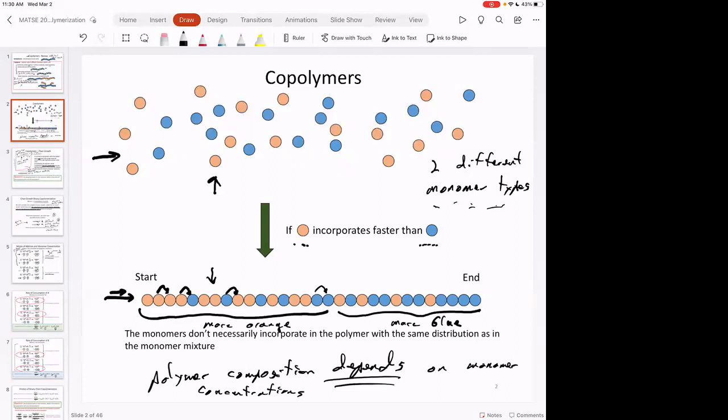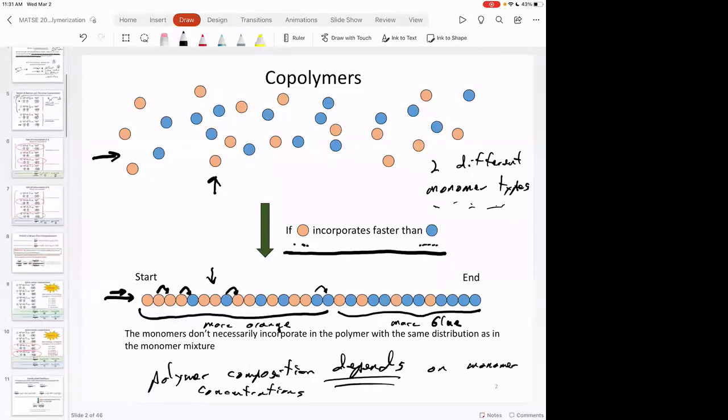But it's these rate constants, if orange incorporates faster than blue, it means that whatever's happening with the orange monomer, it's reacting into the chain first. And that's what gives us more orange versus more blue. So the composition of the polymer is a function of the starting monomer mixture and these rate constants.